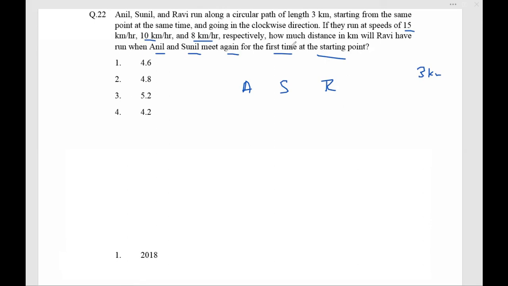So to make a full round, how much time is Anil taking? Time taken by Anil is 3 by 15, which is 1 by 5. Sunil, to make a full round, Sunil's speed is 10, so it is 3 by 10. So what is their LCM? 1 by 5, 3 by 10.